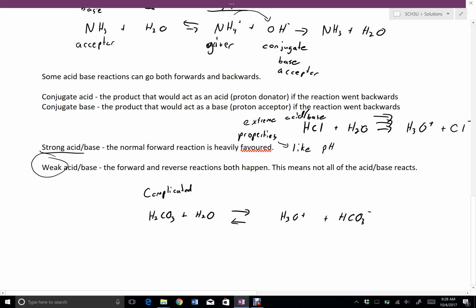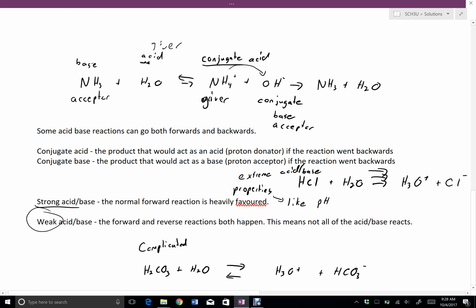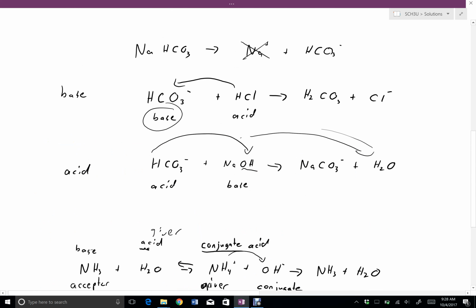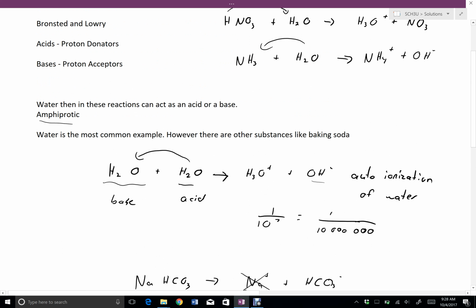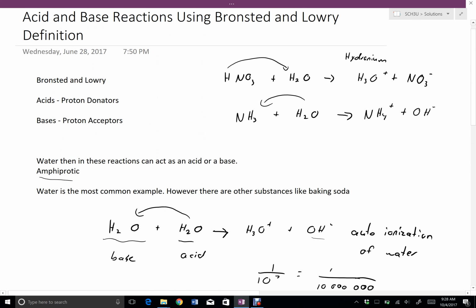The reactions can happen differently in different conditions depending on what the temperature is or what other materials are in the water, or a variety of other things like that. So those are some more definitions and a little bit more discussion of acids and bases considering the Bronsted and Lowry reactions for acids and bases.